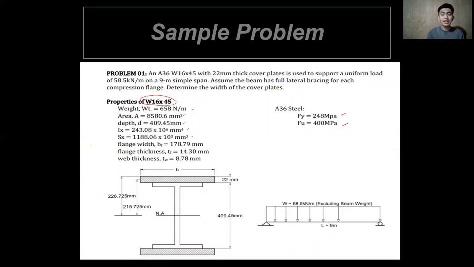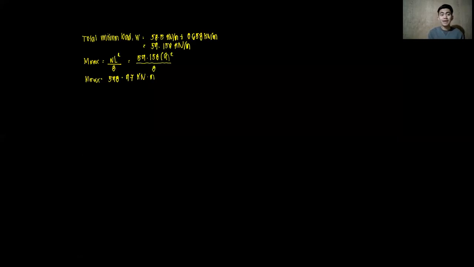Take note that the Sx given here is the section modulus of the steel section only, that is the W16 by 45, the symmetrical I section. So how are we going to determine the section modulus of the whole section? That is, of course, using the maximum moment, since the maximum moment considers the I section plus the cover plates.